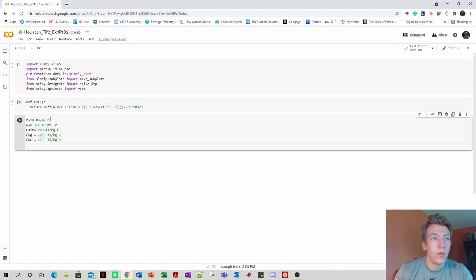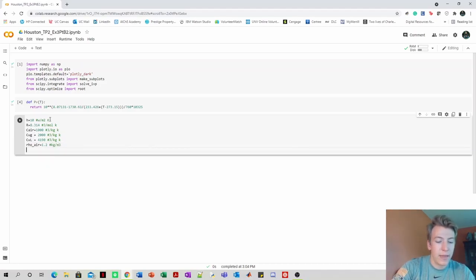Next, we can do maybe the density of air. So we can just say rho air is going to be equal to 1.2 kilograms per meter cubed. Hashtag. Next, we can do the enthalpy of vaporization.